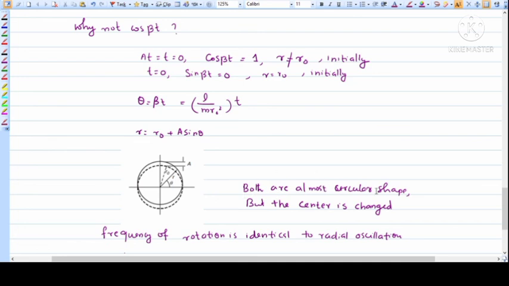So the path is changed for the new orbit, and it is varying according to a sin theta.